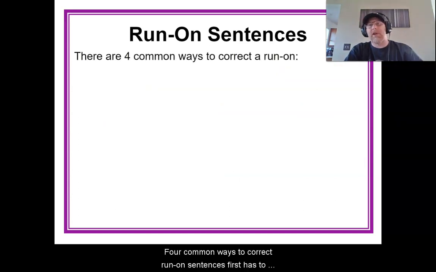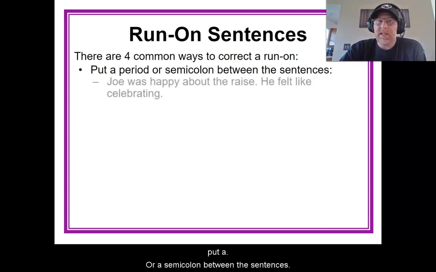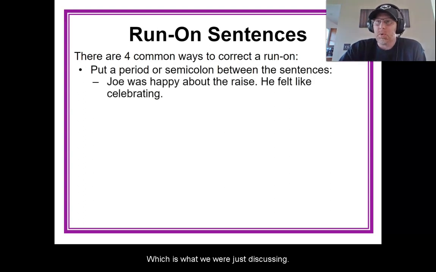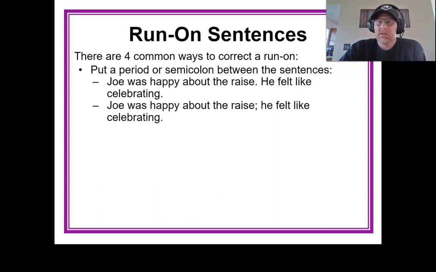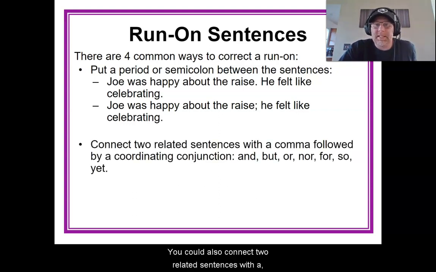Four common ways to correct run-on sentences. First is to put a period or a semicolon between the sentences, which is what we were just discussing. We'll talk about semicolons in a completely different lesson. You could also connect two related sentences with a comma, but use that coordinating conjunction. Again, I just gave you the example.